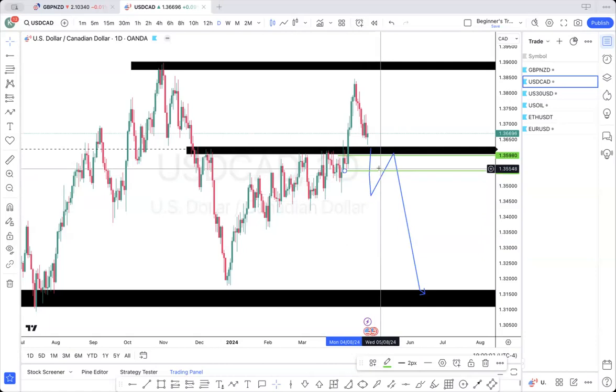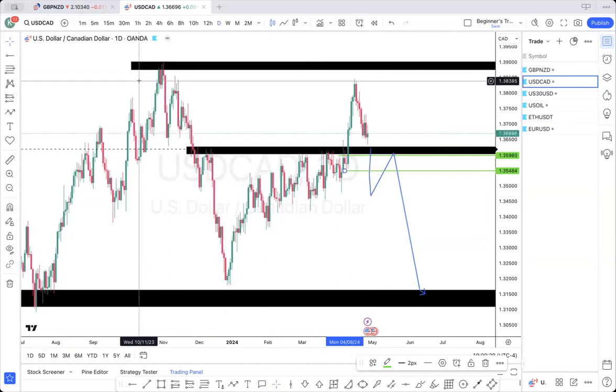Okay. So although I am looking for a buy, because it broke this structure, it may not do that. But if I'm patient enough to see breaks of structure in this zone on the lower time frame, the 15, I'm going to look for it on the 1 hour. I'm going to be on the 1 hour till I see a break of order block with some momentum, with the move.